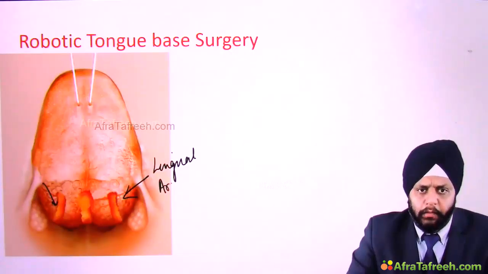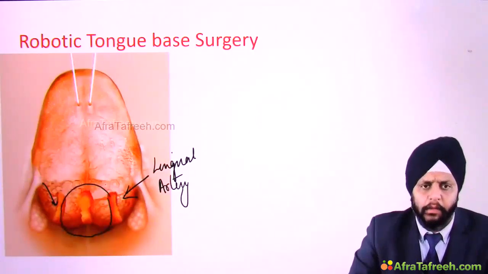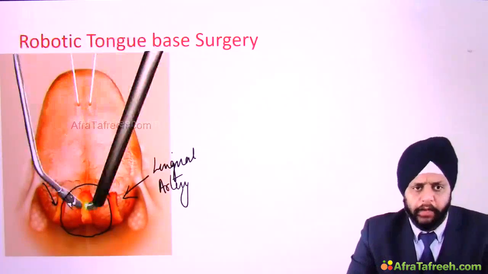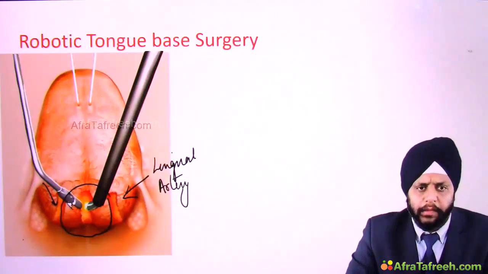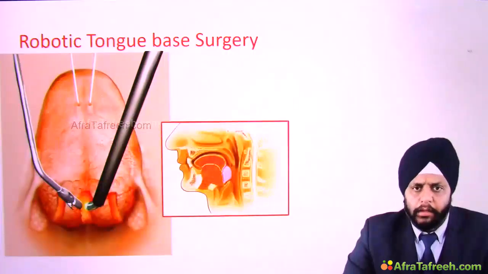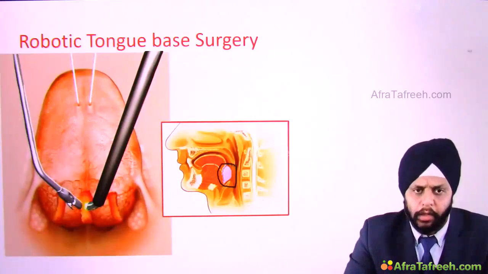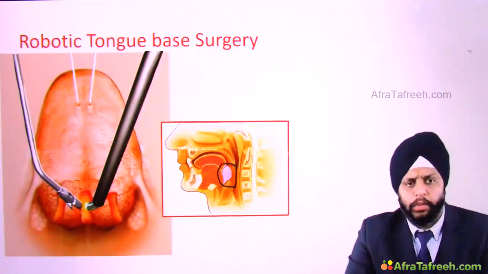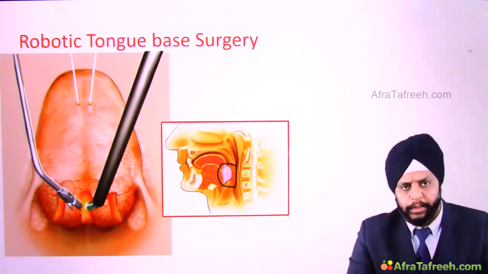In between these two lingual arteries, this part of the tongue base we can cut and remove. Nowadays we have good instruments such as coblation, so this part can be removed surgically to provide a very good airway to the patient, which was earlier blocked by the tongue base. So we can do different surgeries nowadays to treat obstructive sleep apnea.